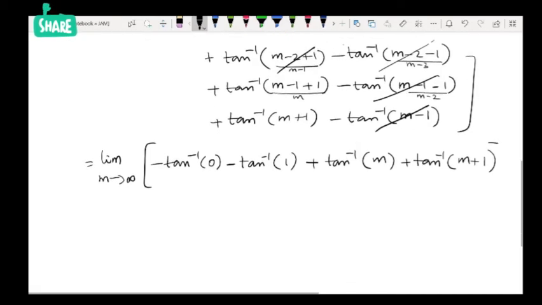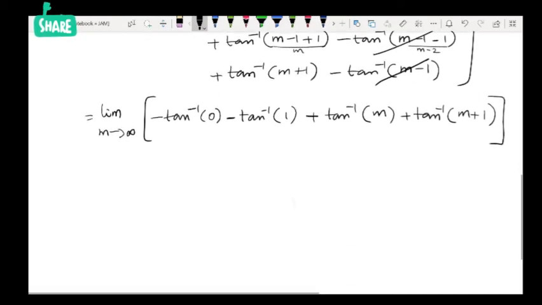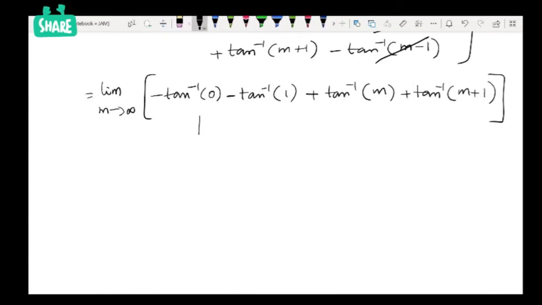Now what is tan inverse of 0? It's just 0, right? So I'm gonna take these finite values outside the limit. So tan inverse of 0 will be 0.